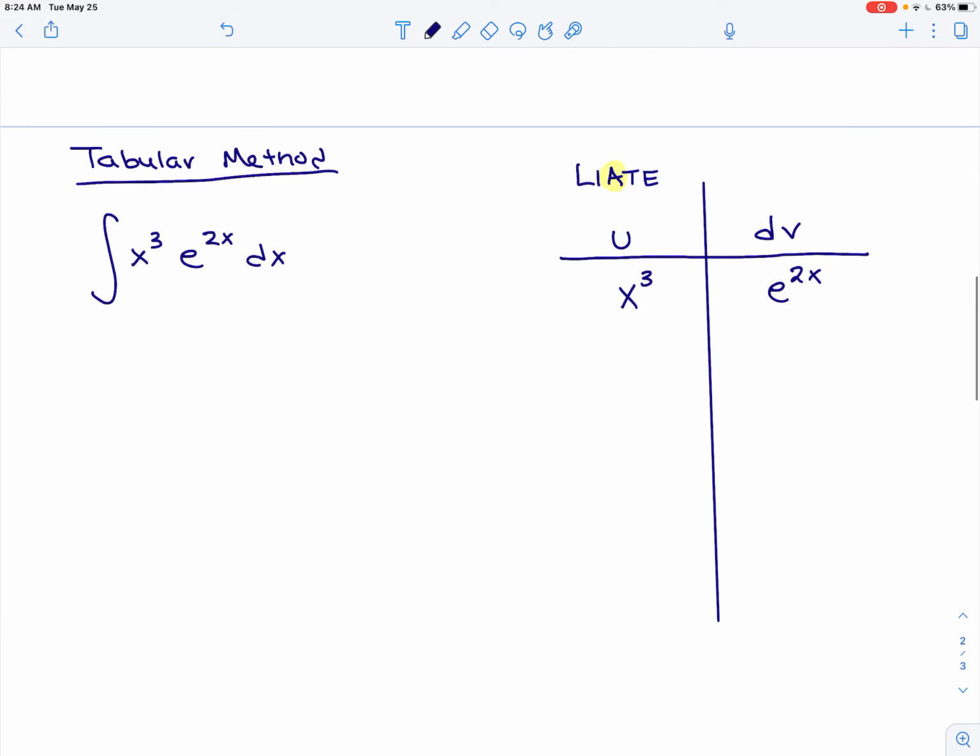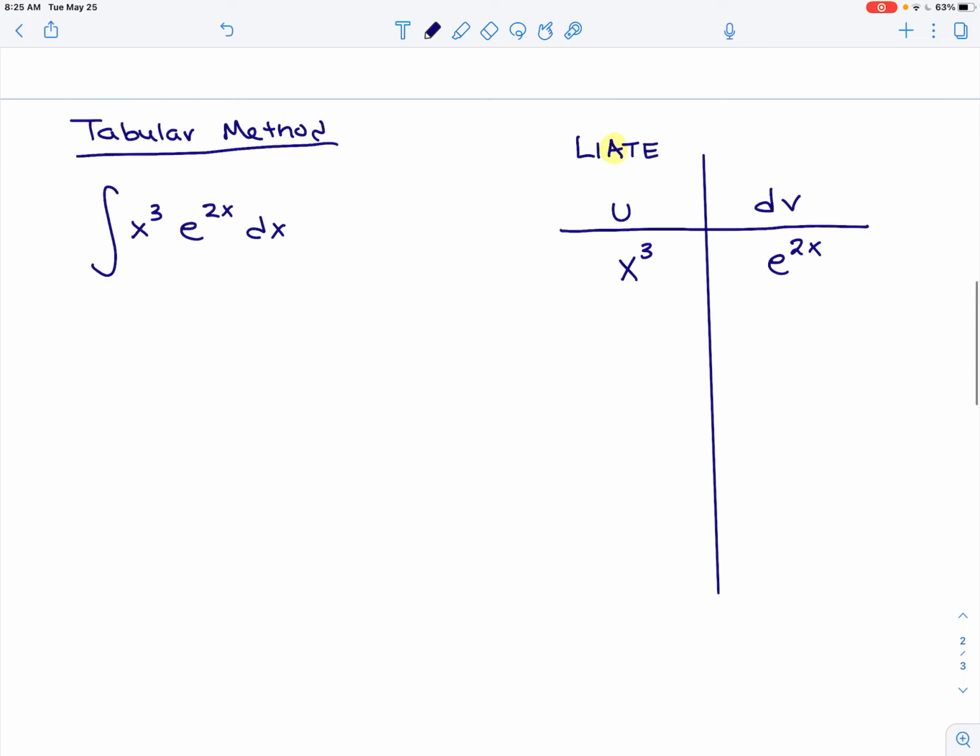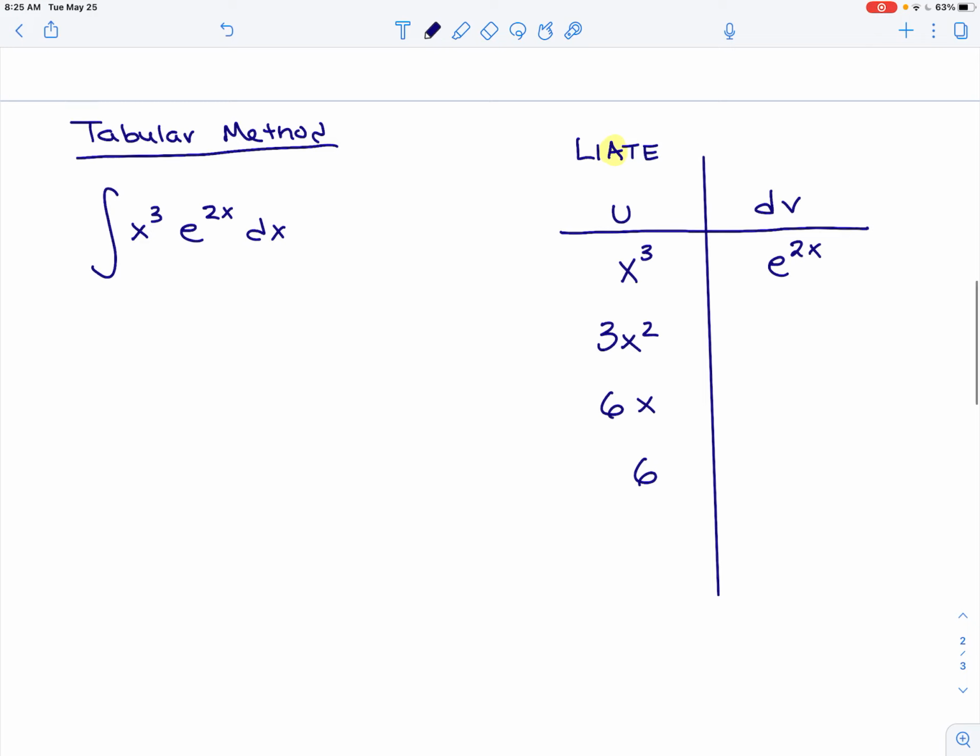Okay. And then you're just going to take the derivative until you get to a constant. Okay, and so once you're at a constant, you're done. And then you're going to alternate the signs.